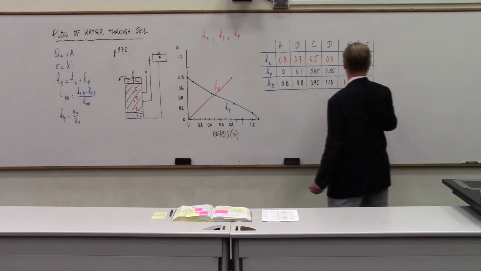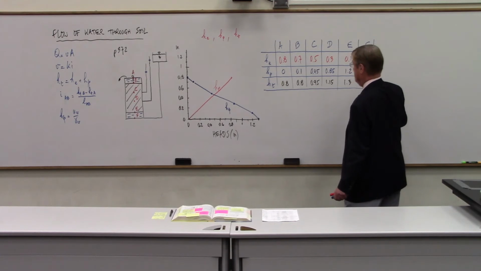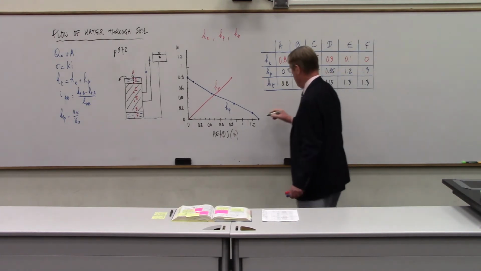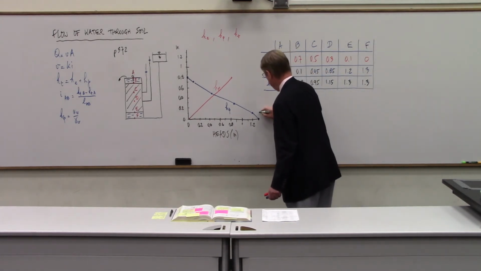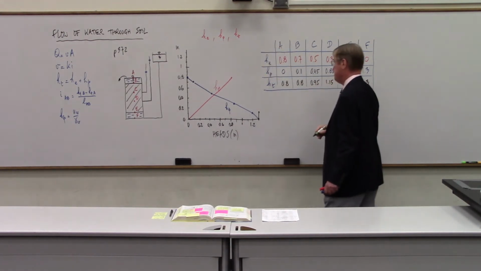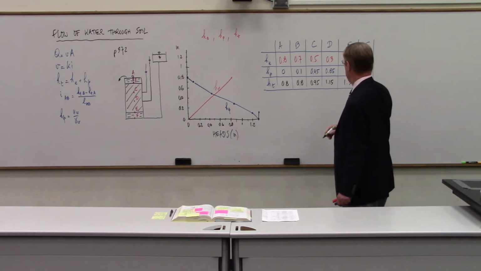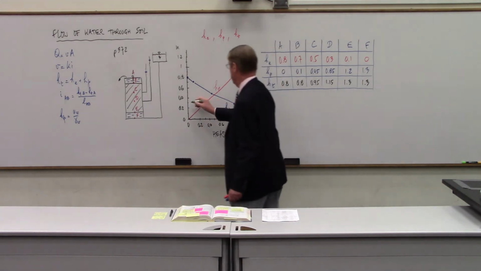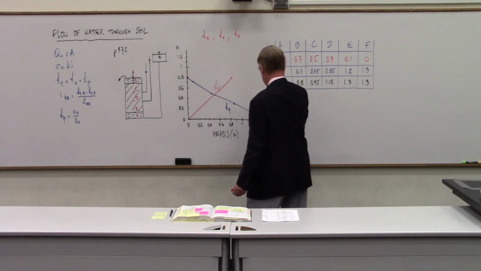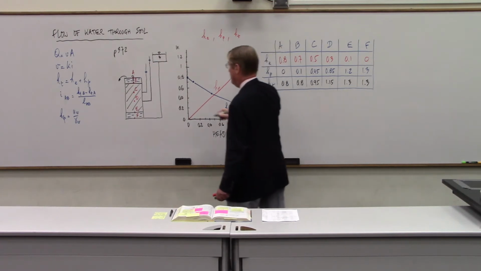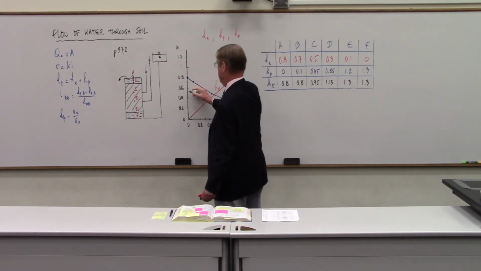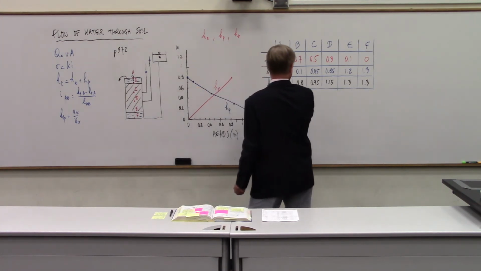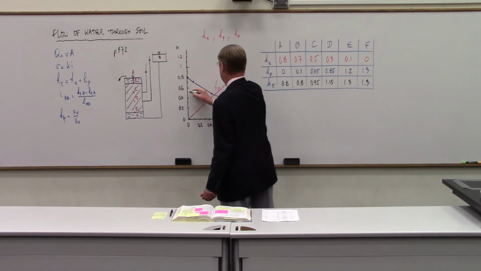So let's see, I can start at F. I've got 1.3, and I've got 1.3 also at E. So the diagram is vertical. And then at D, I've got 1.15. So D was 0.3 across 1.15, I'm right here. And then at C, C was at 0.5, I've got 0.95.